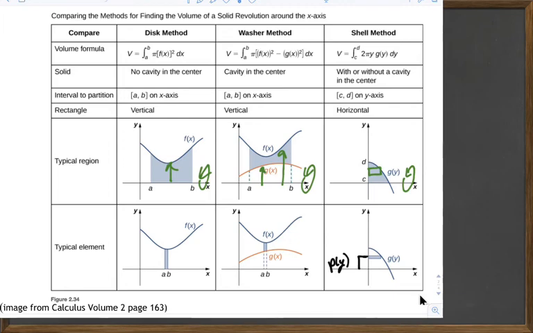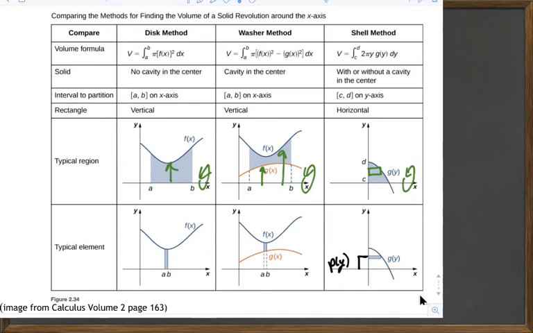So, if you're doing disk or washer method, and you're revolving around the x-axis or a horizontal line, your integral needs to be in terms of x, and your functions are in terms of x. If you're going to do the shell method, rotating around the x-axis or a horizontal line, then your functions need to be in terms of y, and you're going to be integrating with respect to y.